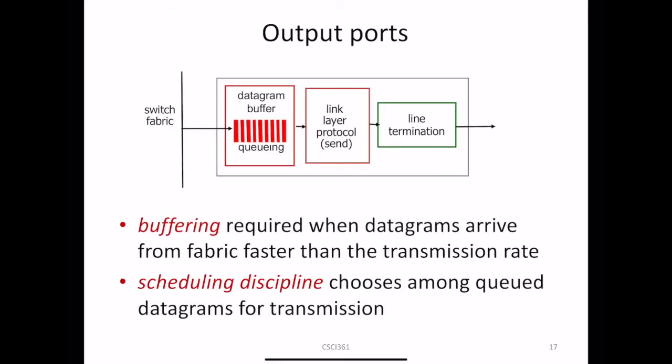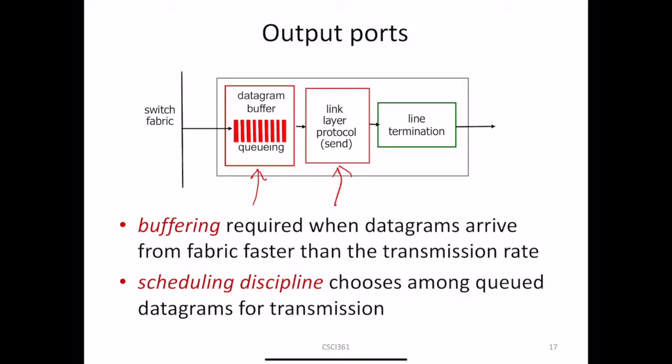Then let's see the output ports. When we see this figure, it's just the inverse order when we compare it with the input ports. The first box on the left is the datagram buffer. When the packets arrive at this output port, they will first be temporarily stored on the buffer of this box. And then the second box is the link layer protocol.